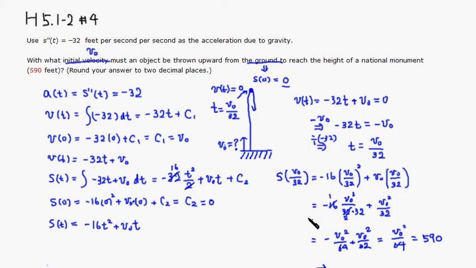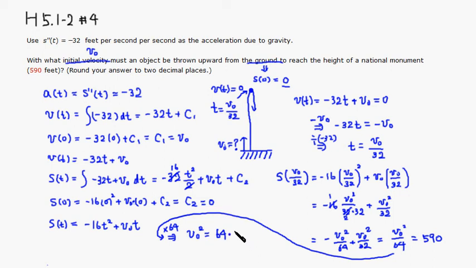First I'm going to multiply both sides by 64, which gives v0 squared equal to 64 times 590.